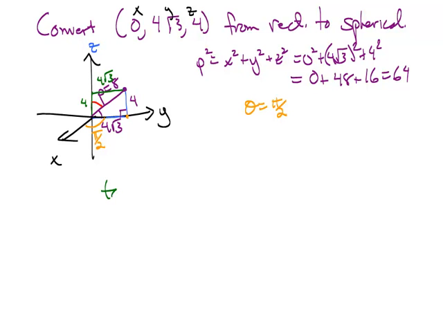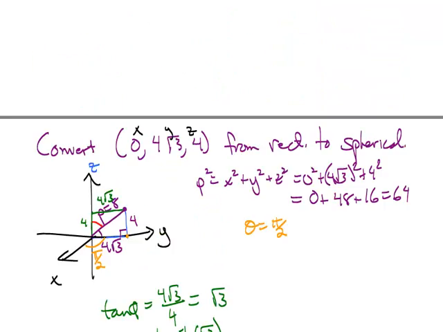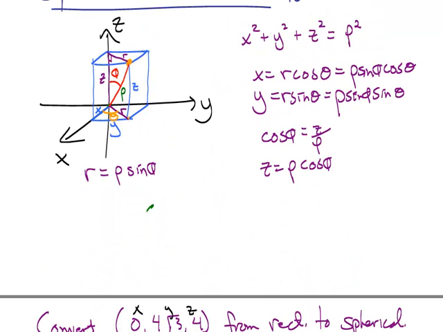So the tangent of phi is opposite, 4 square root of 3, over adjacent, which is 4. That's the square root of 3. So phi itself is the angle whose tangent is square root of 3. This will return an angle between negative pi over 2 and pi over 2, which is good, even though phi is limited between 0 and pi.